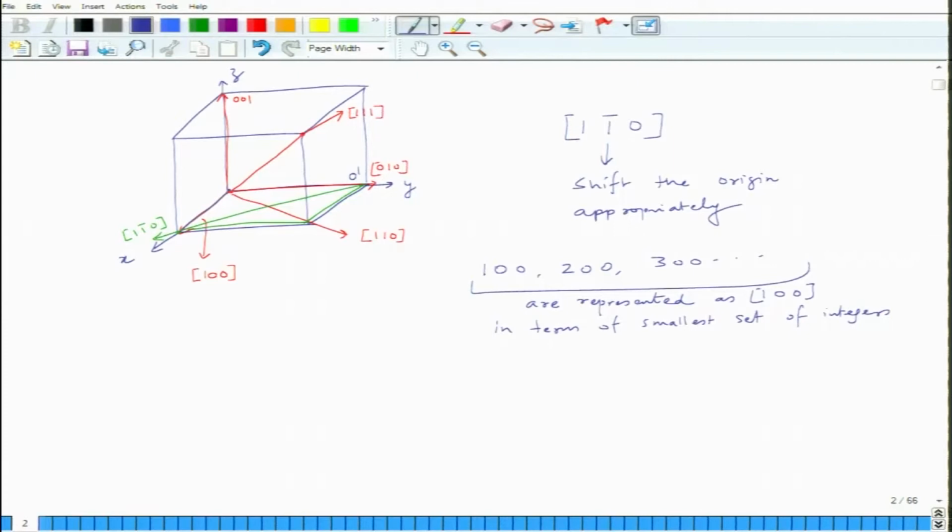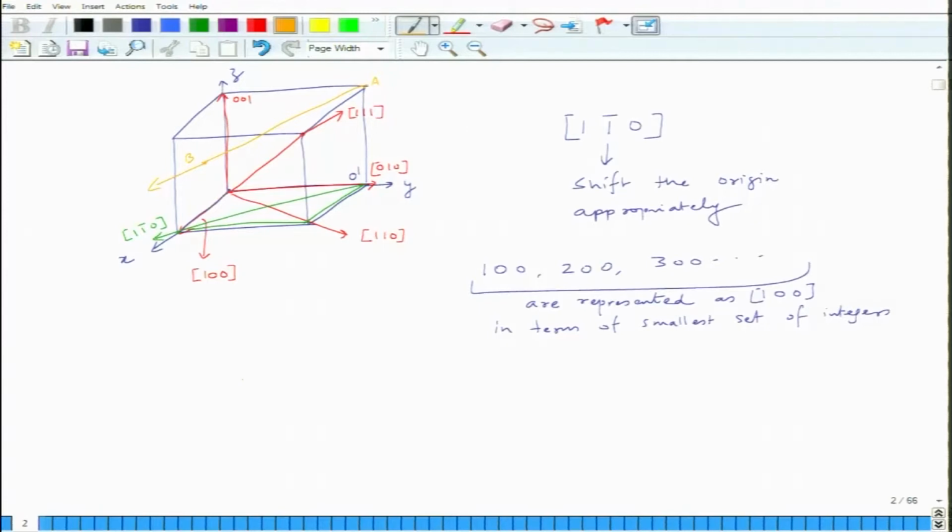So I will just do one more example. Let me now draw one direction, so let us say this is A B direction.